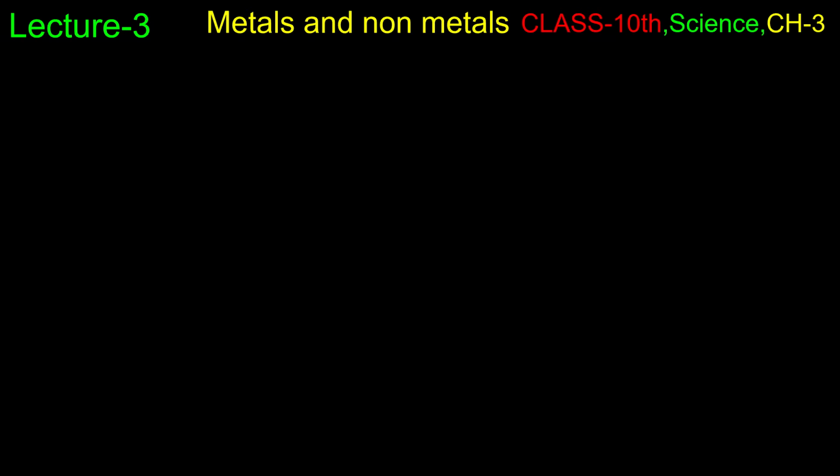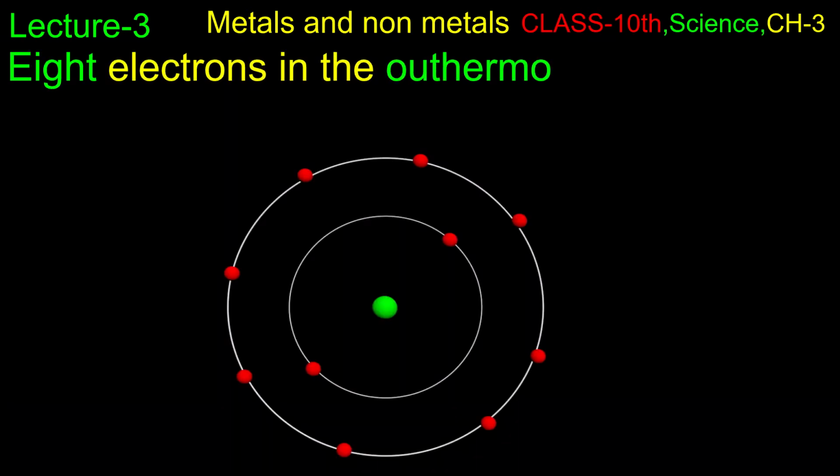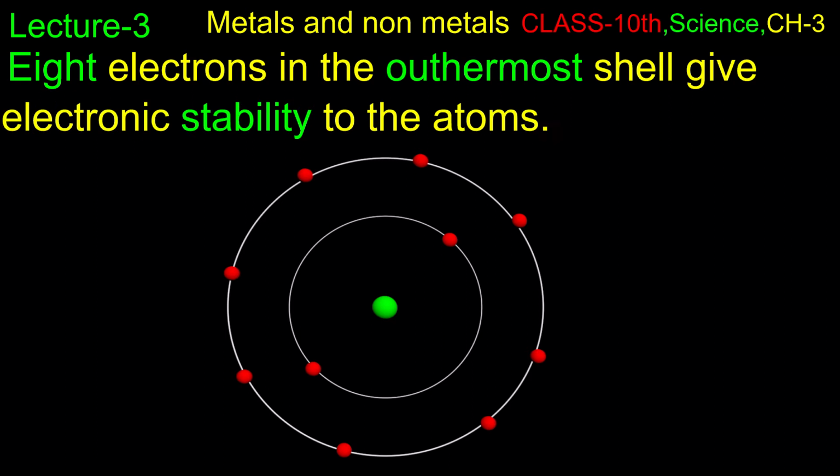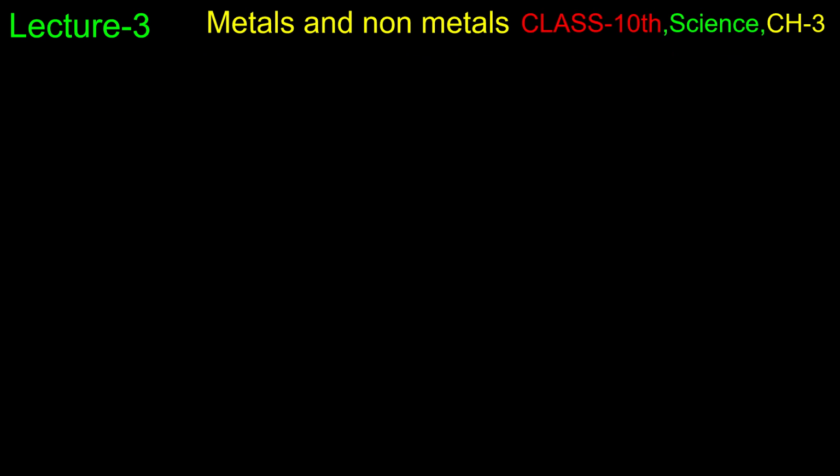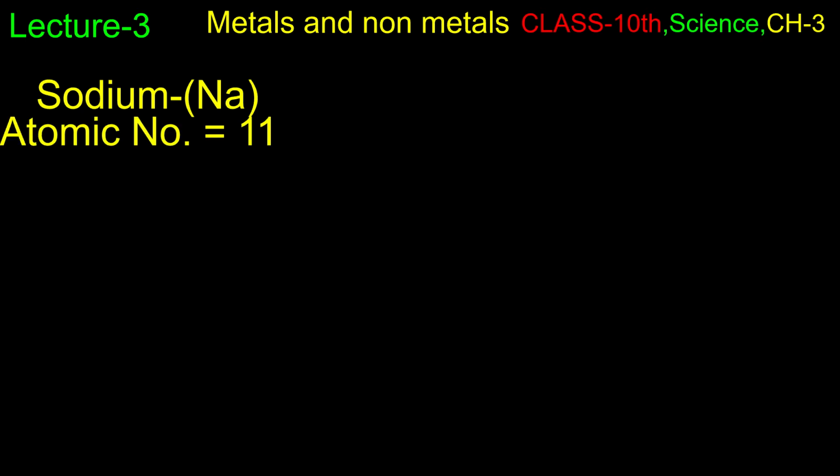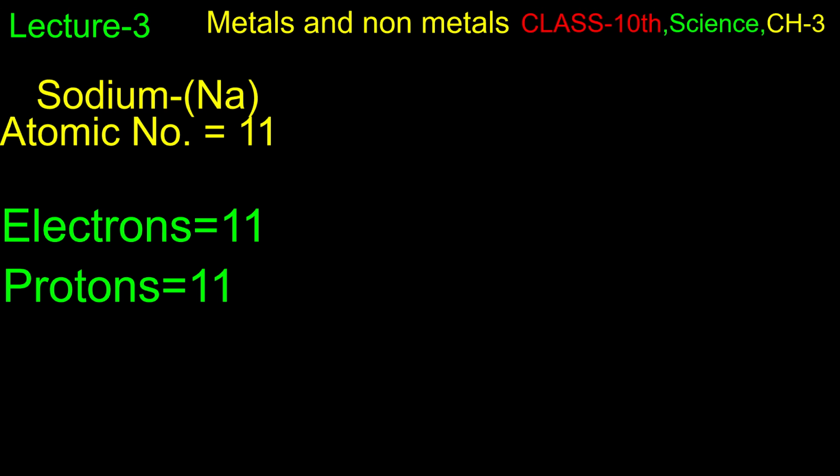You have studied that 8 electrons in the outermost cell generally give electronic stability to the atoms. We take the example of sodium. Atomic number of sodium is 11. It means it has 11 electrons and 11 protons in one atom.